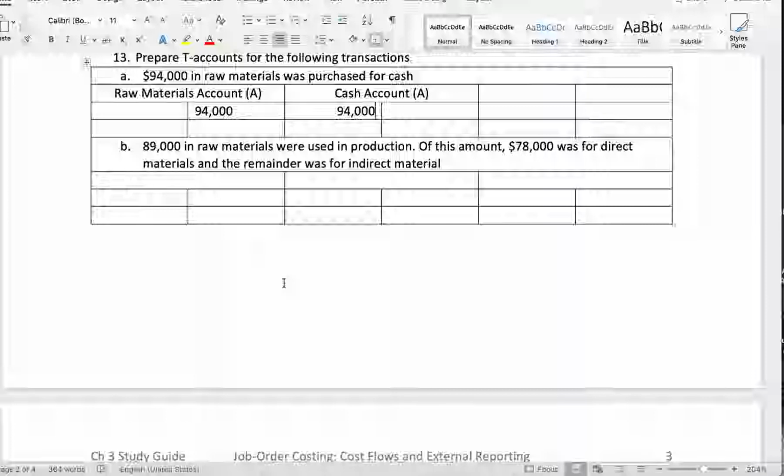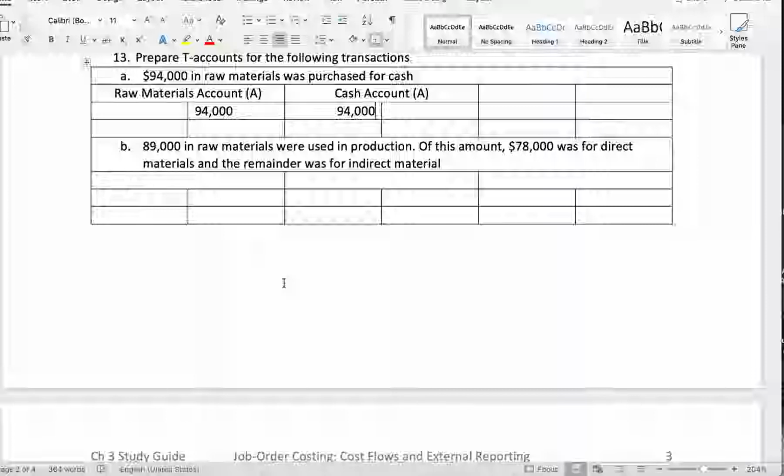Or let me rephrase that. Let's back up. Pump the brakes here. I only see 1 account, raw materials. Well, what do I do with direct materials and what do I do with indirect materials? So we need to think back to the lecture, and we need to think how those costs flow, right? Remember, all direct costs flow directly to the work in process account.